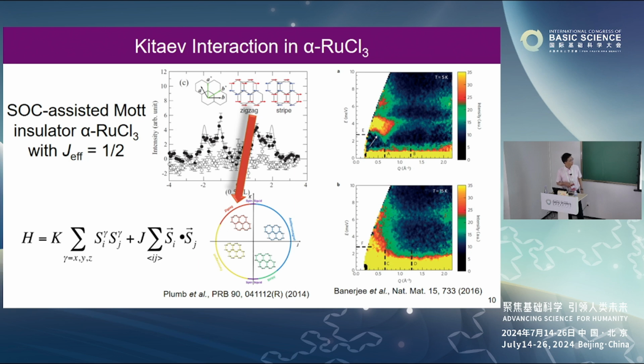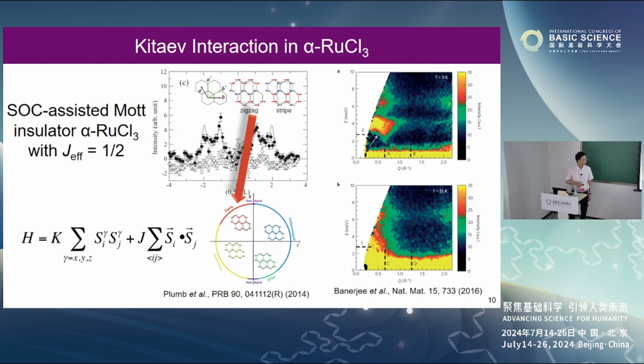This was done by neutron diffraction. And then, as I just mentioned, the zigzag order state is close to the Kitaev quantum liquid state in the phase space. And there are also some inelastic neutron scattering measurements on powder samples, which also observed some kind of continuum excitations even above the transition temperature.